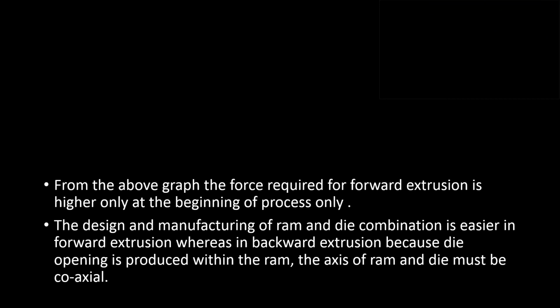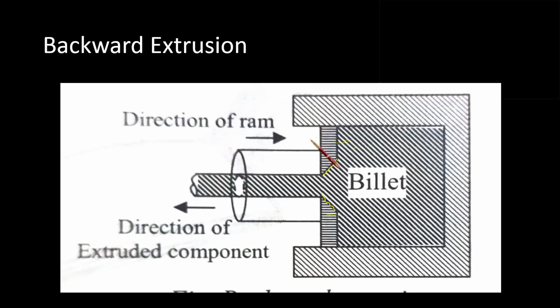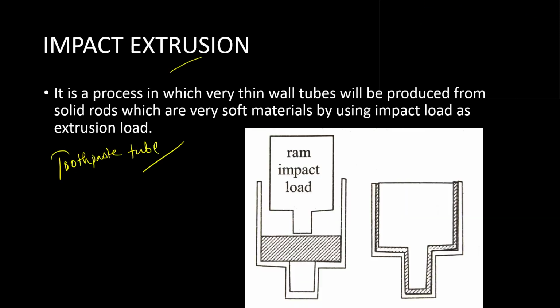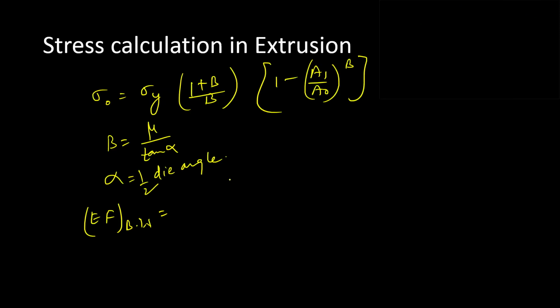If this area is given, that the force which is applied, the area is a naught. Just remove this part and then you have to calculate that area, that is a naught. So if we put that one, then it will be sigma naught into a naught.